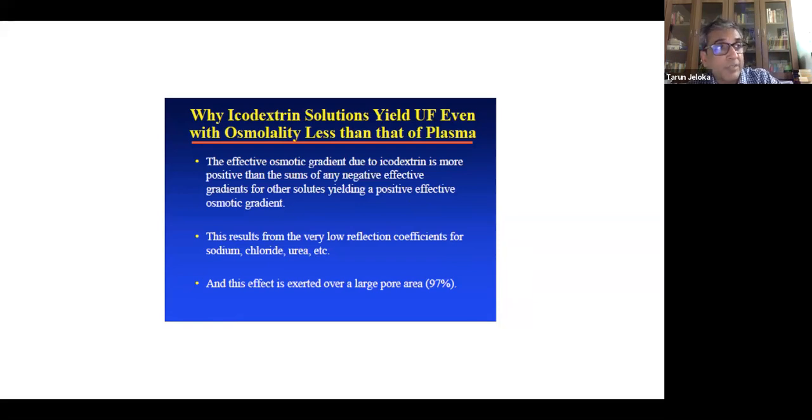I discussed factors influencing fluid removal. I told you in detail the mechanism by which icodextrin works in small pores and doesn't work in aquaporins, and the mechanism of sodium sieving through aquaporin because of glucose.